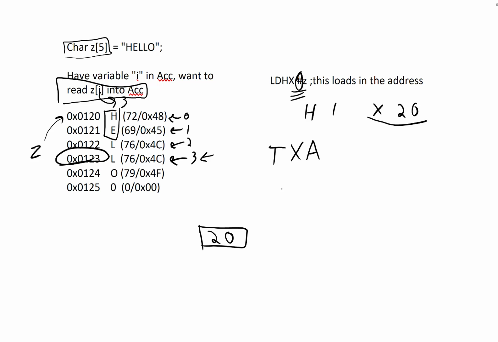And then we're going to add, without carry, I in. I's value is 3. Again, this I is actually a memory address, but it's going to go out there and read the value because I did not put the immediate or interpret it as a variable. So then this value is going to become 23, which happens to be the address I want.